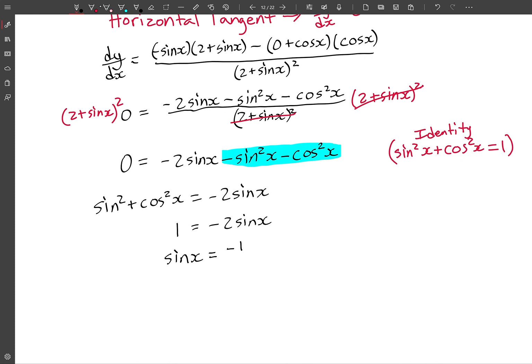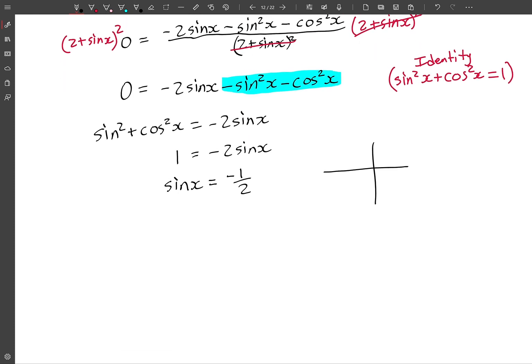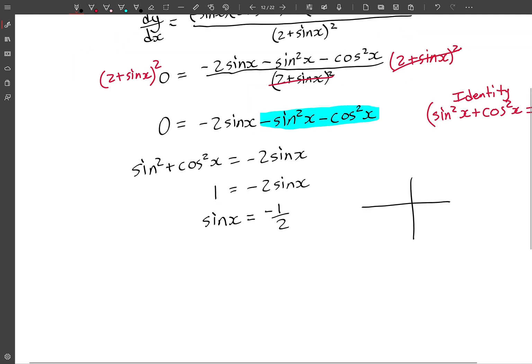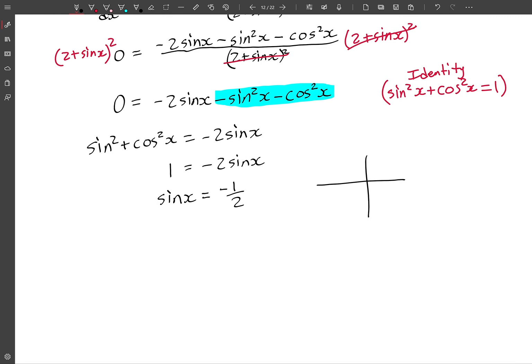Now, using our unit circle, which you should make sure you always have in front of you when you're working on problems like these, whether you have a copy or you make it yourself or you have it memorized. But remember, by our CAST rule, we know that sine is only negative here and here, so we know which quadrants we should be looking in.